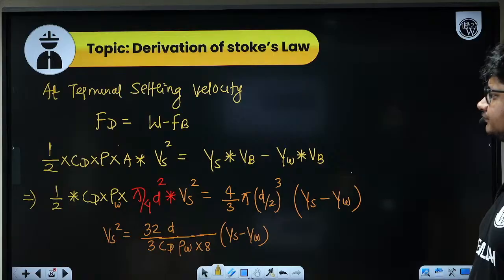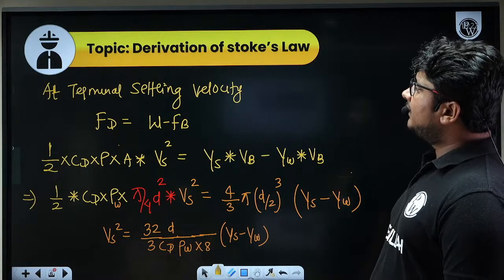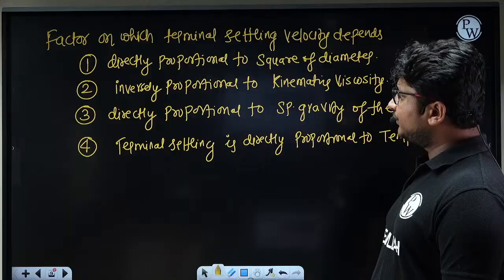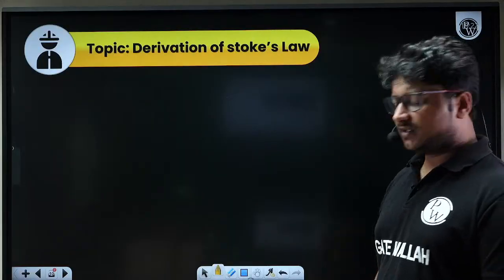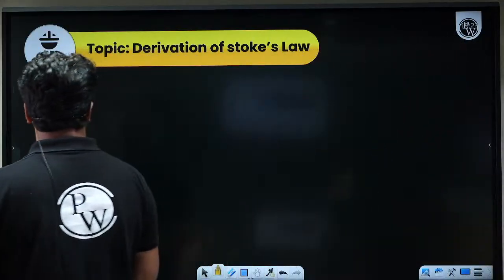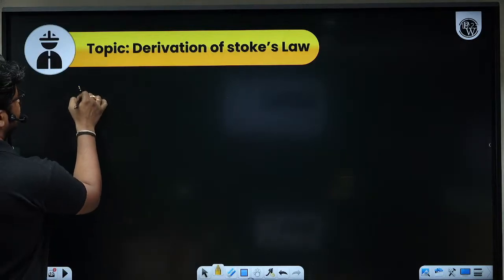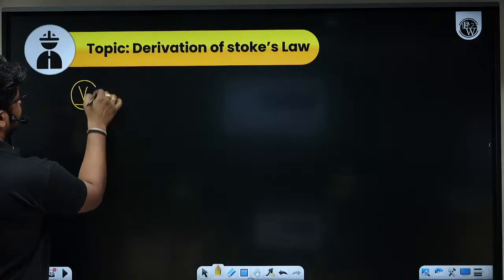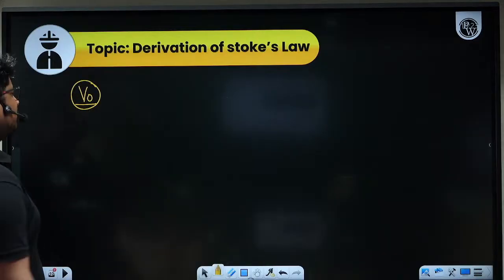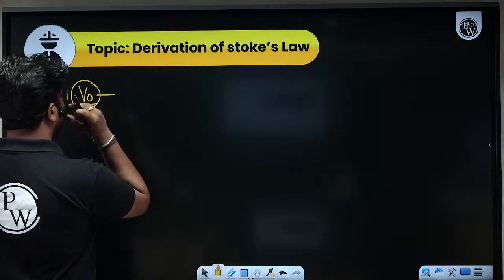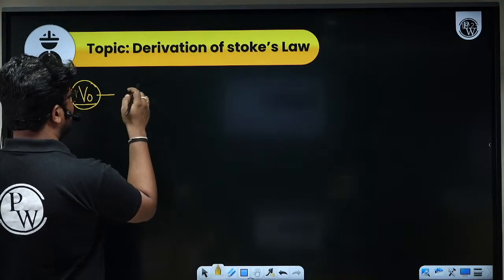Now, here only I'm giving you another idea about two velocities. One you have studied just now, which is settling velocity. The next velocity I'm going to talk about is V0. V0 is one of the design criteria in the plain sedimentation tank.